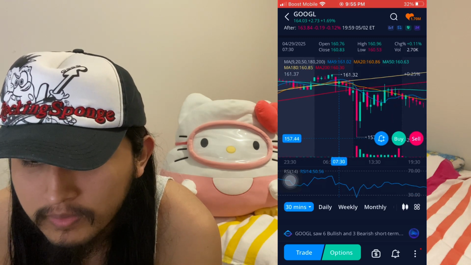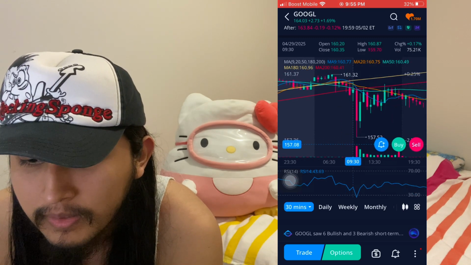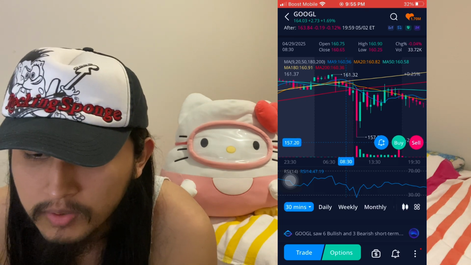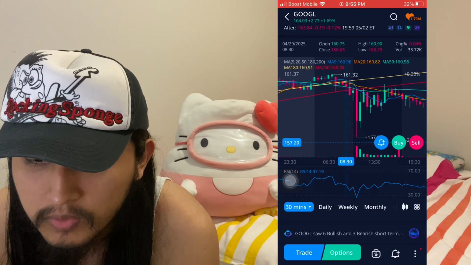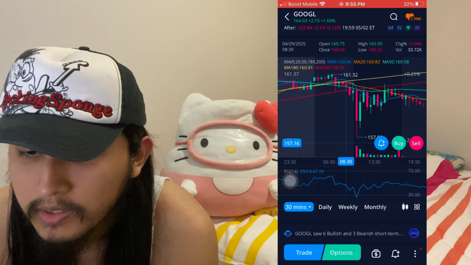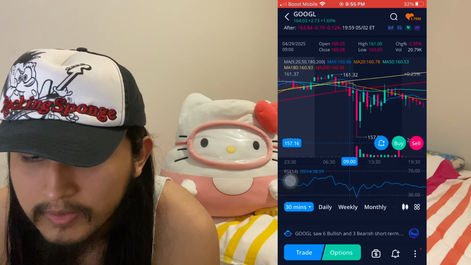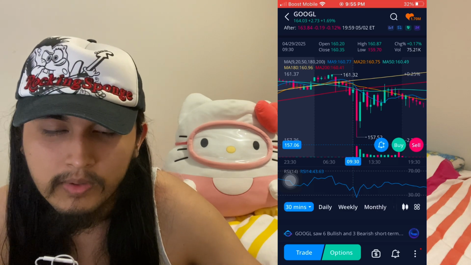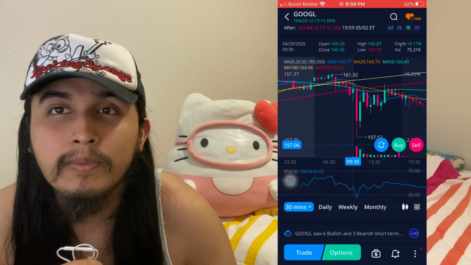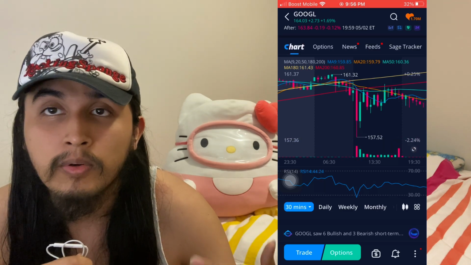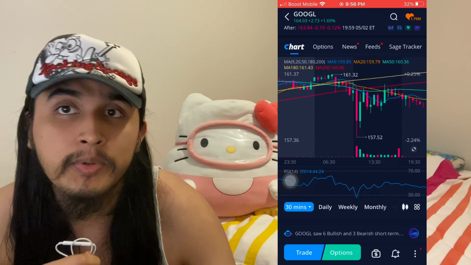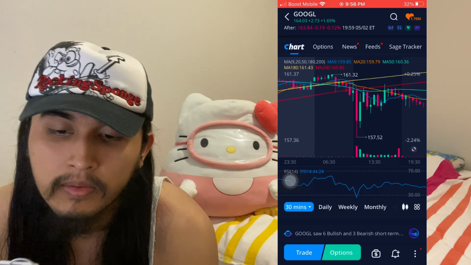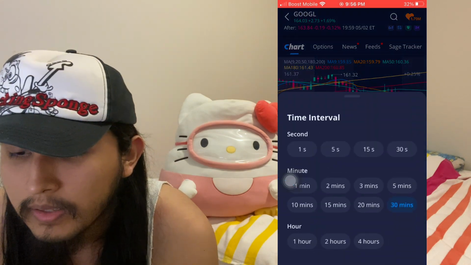Then at one point in the pre-market, it completely shattered the 180-day moving average and started using the 200-day moving average as support. So that's where I looked at the 4-hour time chart to see what trend Google is currently in. Is it in an uptrend or a downtrend?